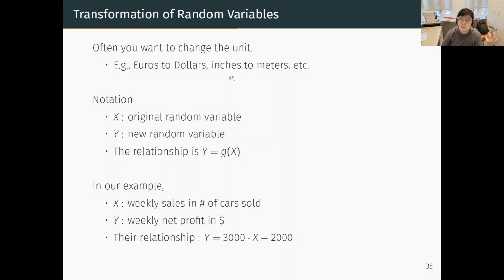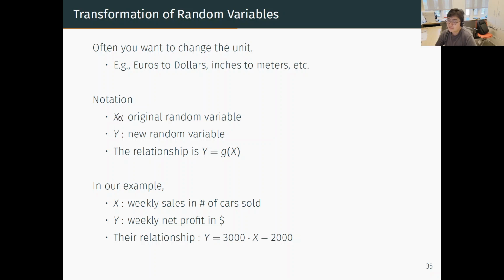Similarly, inches to meters, same length, but you put different numbers depending on the unit, like Fahrenheit to Celsius. Like in our example, number of cars or net profit. Basically, they are the same thing, but measured in different units, right? It is a transformation of the number, right?